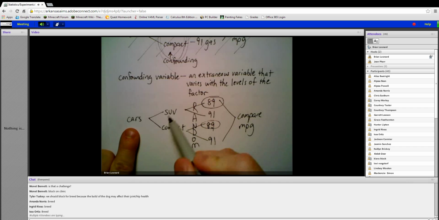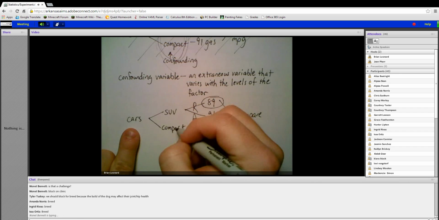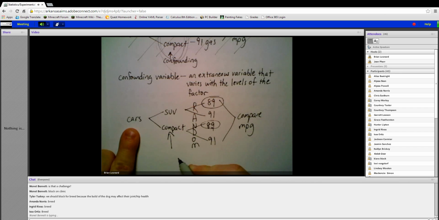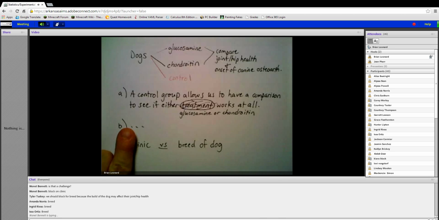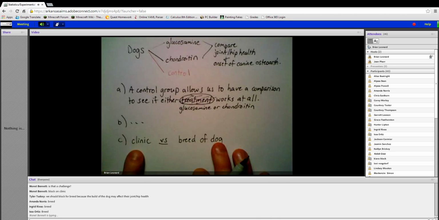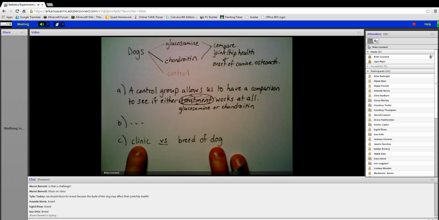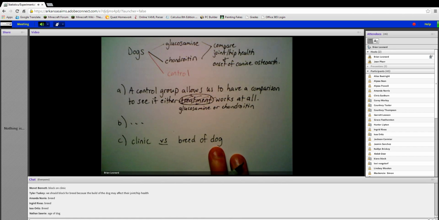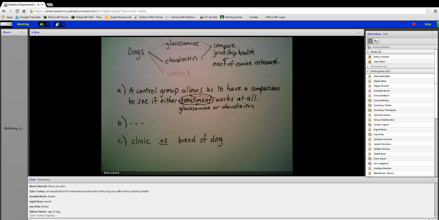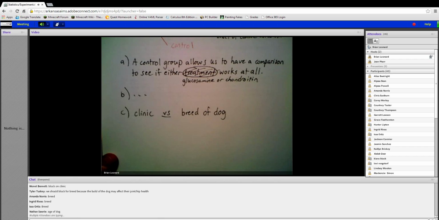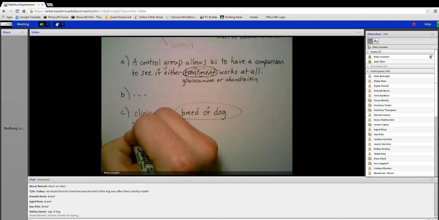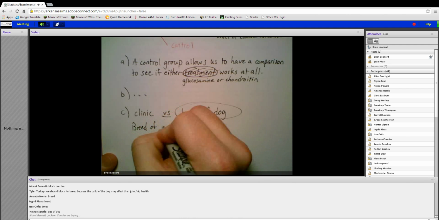So the only way you're going to reduce variability is if this affects the response. So the question is really, which one of these do you feel really affects the response more? Do you think the clinic has a bigger effect or the breed of dog? I would definitely say the breed of dog, and now let's argue why.